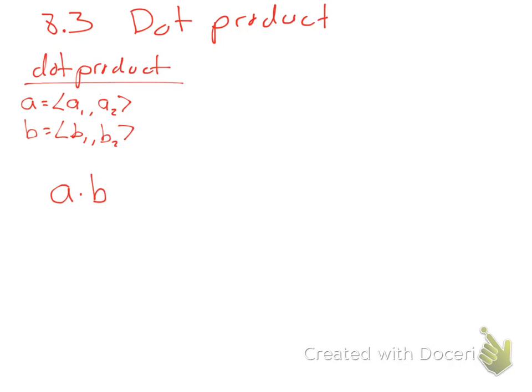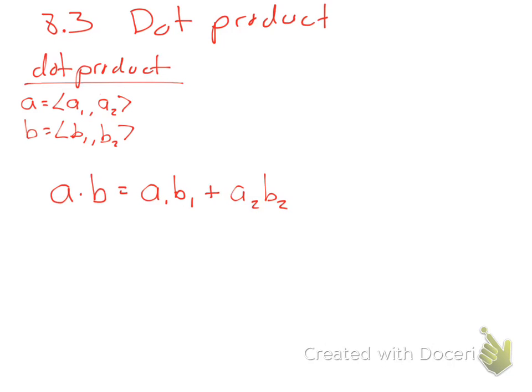So A dot B. What it really means for us is that it's A1 times B1. I'm going to not put a dot there because it's times. B1 plus A2 B2. That is the dot product, guys.